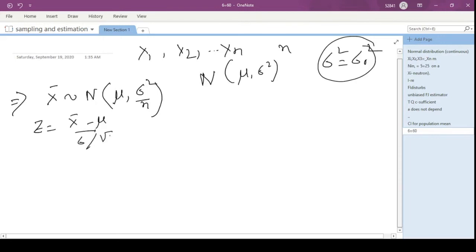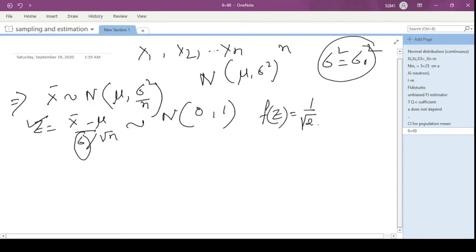And we know that if it is a population variance taken in the standard normal variate, then this follows a normal distribution. And as we know, the probability density function of z, again we have seen this, is 1 by root 2 pi e to the power minus half z square, right?